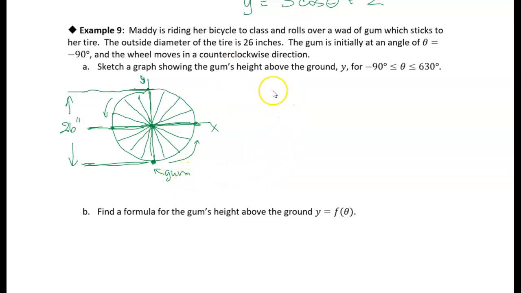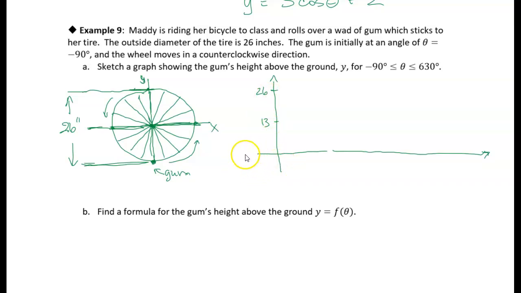So let me just draw a coordinate plane. I'm going to draw the bottom of the axis down here because I'm never going to go negative, so I don't really need the negative portion. And the maximum height is going to be 26, so let's put 26 up here at the top. Right in the middle is 13, and then this is 0.